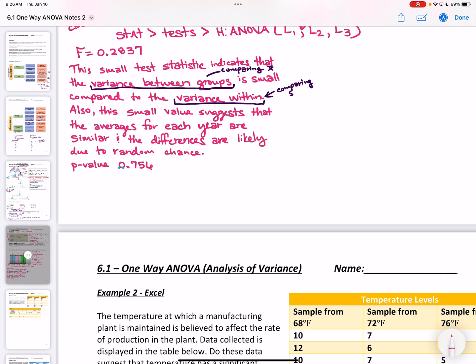So if the null is true, if the averages are equal, that's my null.